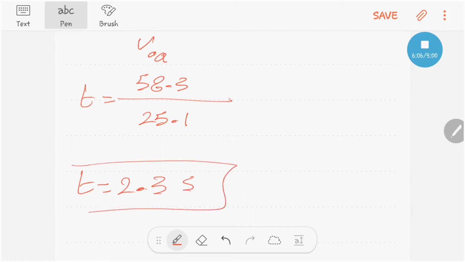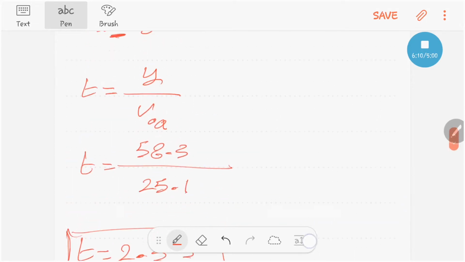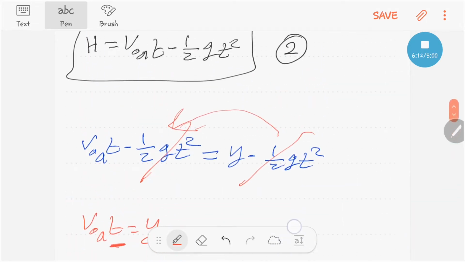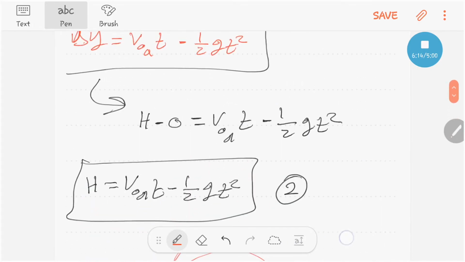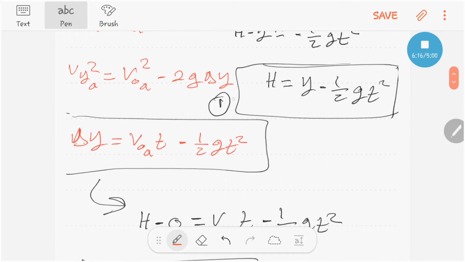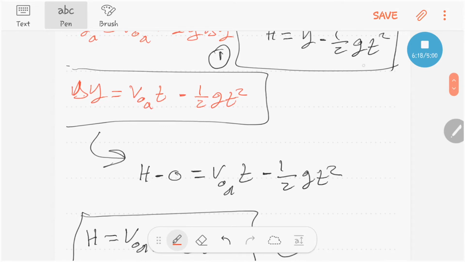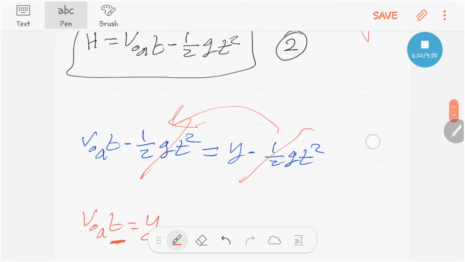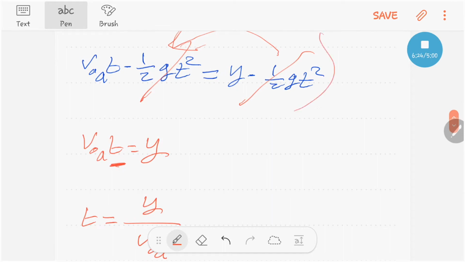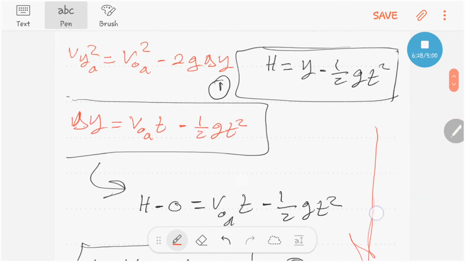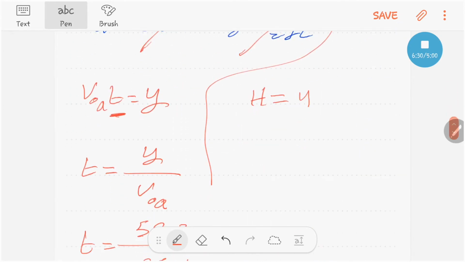Now, in order to calculate the H spot where they will collide, we just have to use either of these equations. Let's take this one for example. H equals y minus half gt squared.